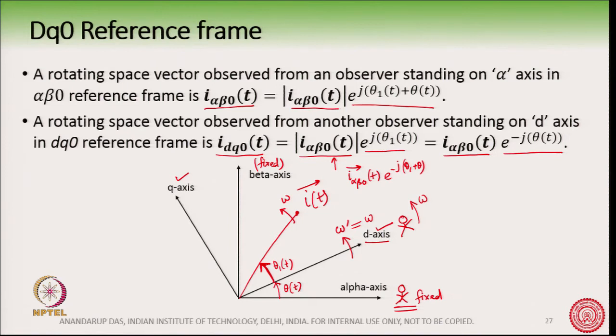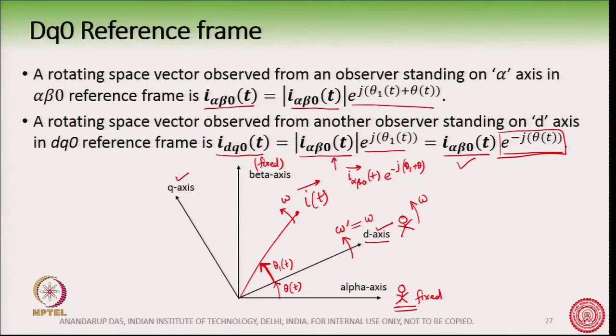So, whatever space vector you were observing in the alpha beta 0 from the alpha beta reference frame, if you multiply by e to the power minus j theta, then you get the space vector magnitude and angle observed from the dq0 reference frame.